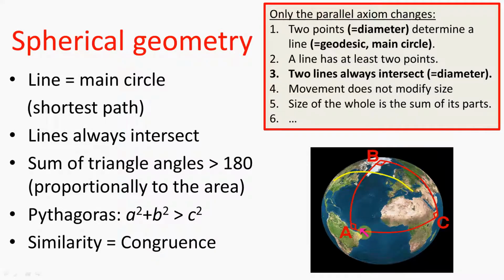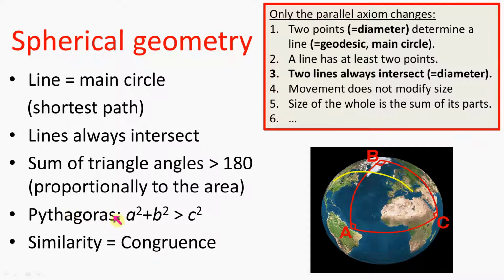So here we have 90 degrees, here also 90 degrees, and as this is 1/4 of the whole equator, here we can observe 1/4 of the total angle, which is equal to 90 degrees again. All angles of the triangle are 90 degrees, so the angle sum is 270 degrees.